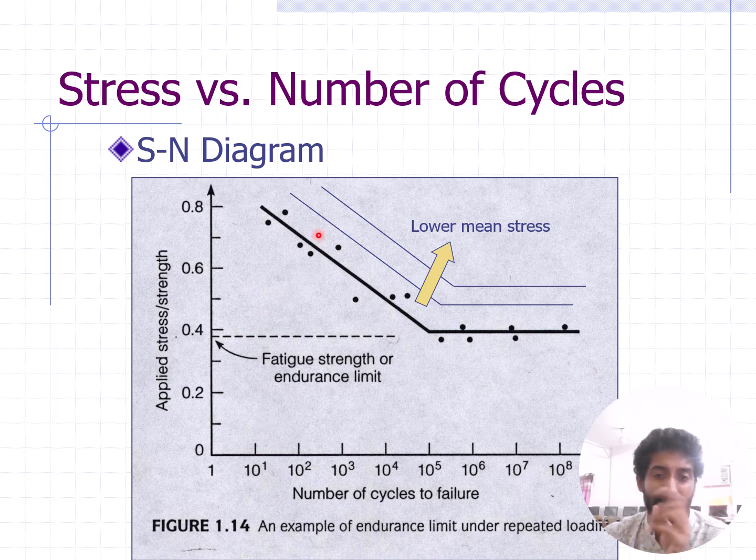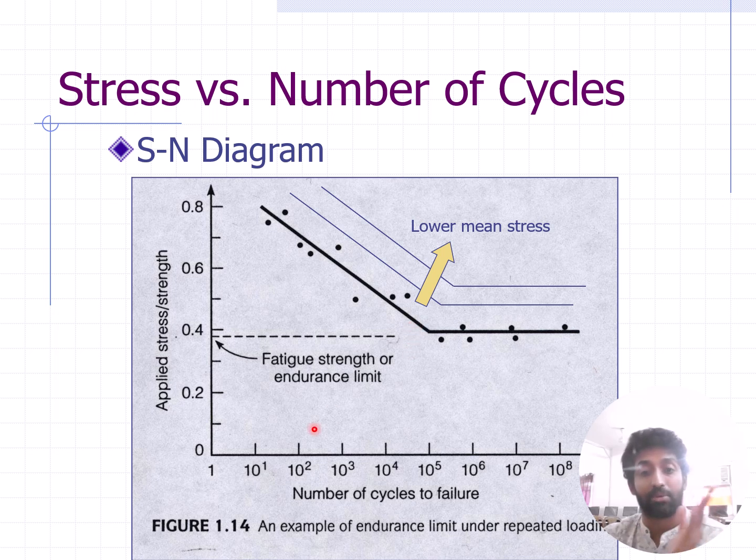So what happens is that if you want to break an object, if your object goes to fatigue in a lower cycle, it will have maximum load. Whereas after a certain number of cycles, the load will become constant. That means it has been broken. But as the number of cycles increases, the stress goes down. Initially the stress was 0.8, and at the end before fatigue it is 0.4.